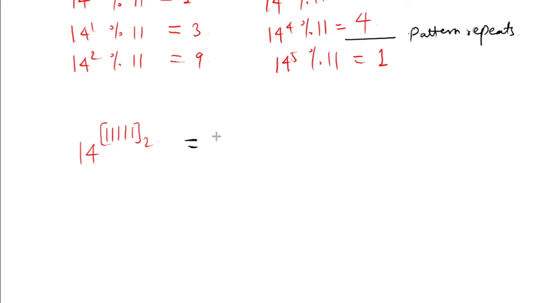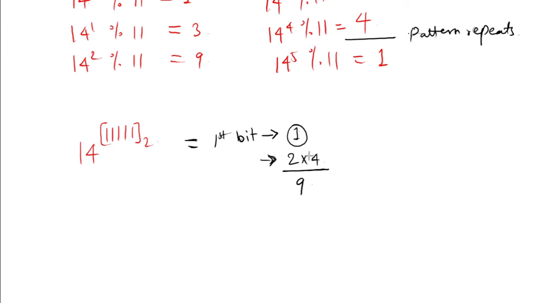For first bit, only square operation has taken place, which is 1 operation. For second bit onwards till the end, 2 operations have taken place, 2 into 4. Total of 9 multiplications will take place in this, or 9 operations will be carried.